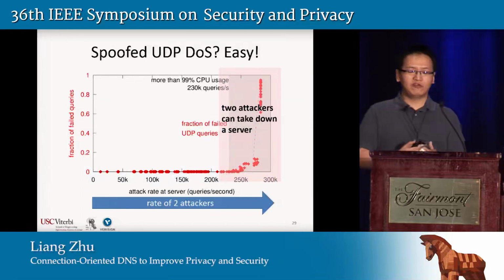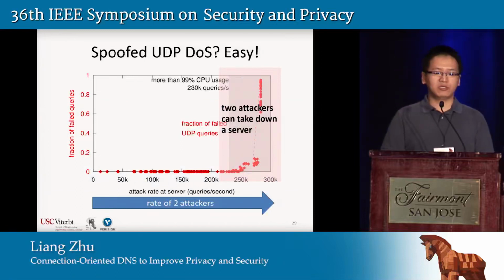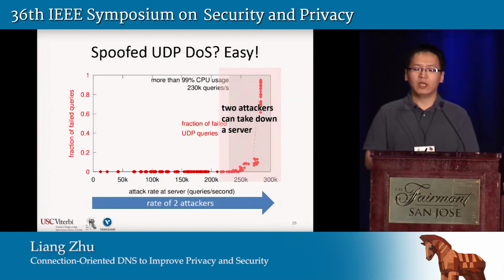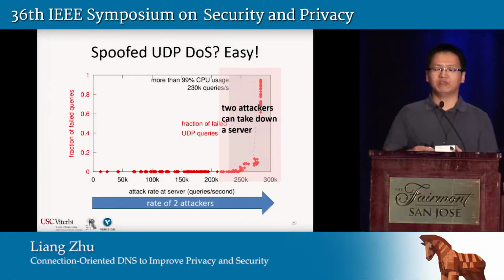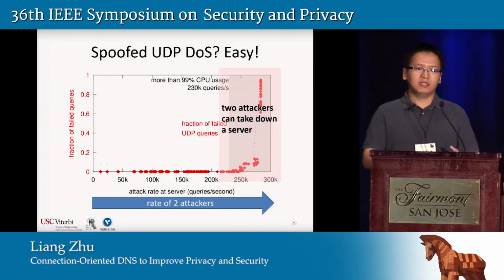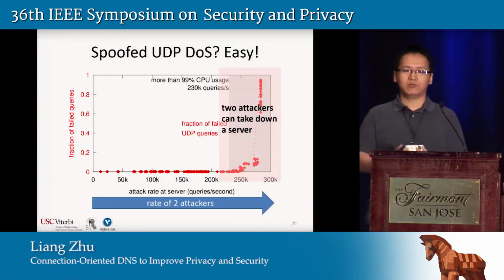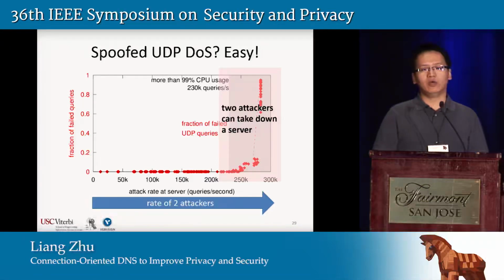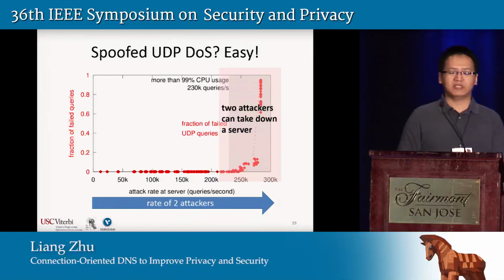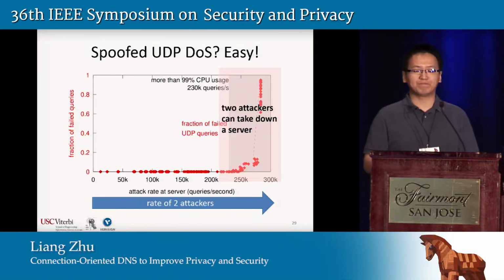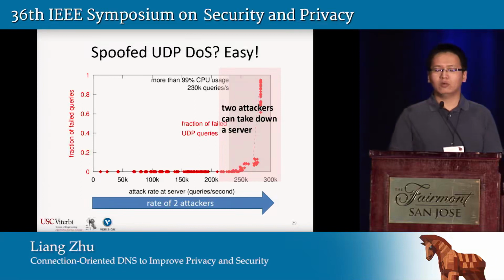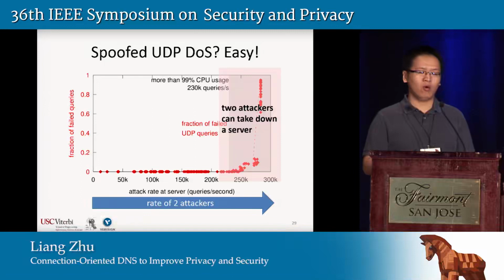The first experiment is about the spoofed UDP attack. Here we have a bunch of attackers, and they are sending spoofed UDP queries to our server. We also have some real queries as foreground traffic. The server has to process all the spoofed UDP queries, so that it leads to 100% CPU usage when the attack rate is high.